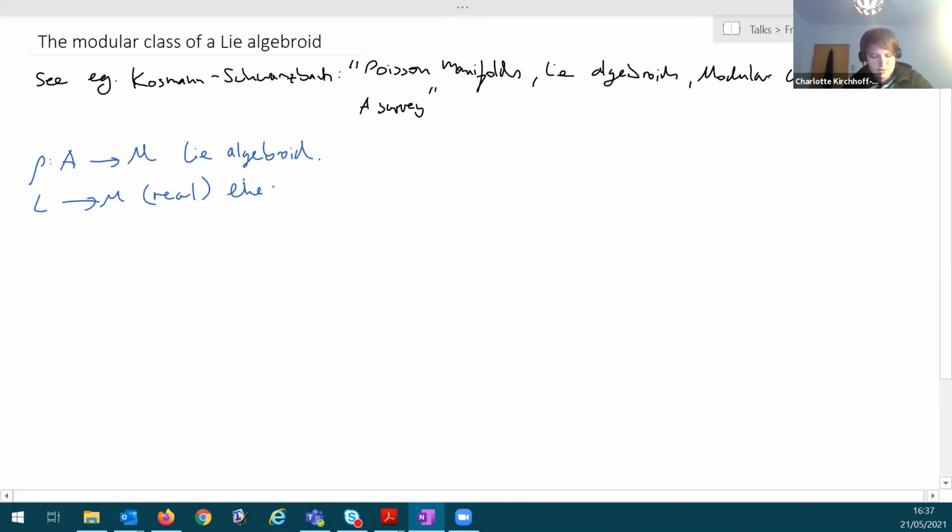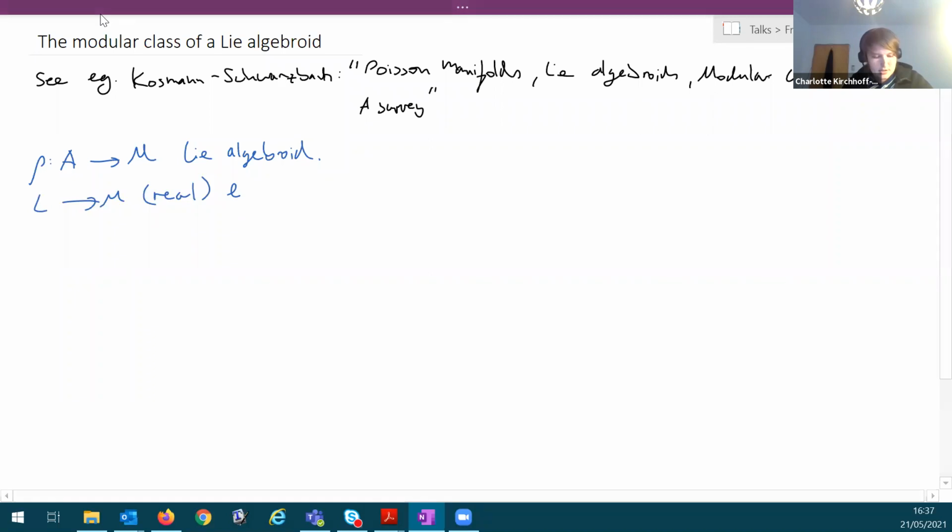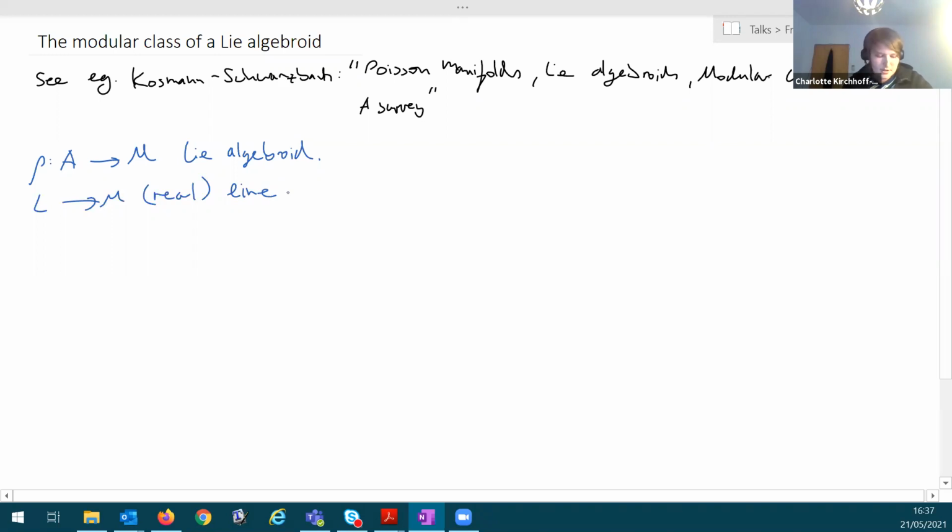If you want, you can also do all of this complex, but I'm going to mostly stick to explaining the real case because it's a bit easier, but almost everything I say will generalize relatively straightforwardly to complex Lie algebroids, complex representations. So L is supposed to have a Lie algebroid representation.